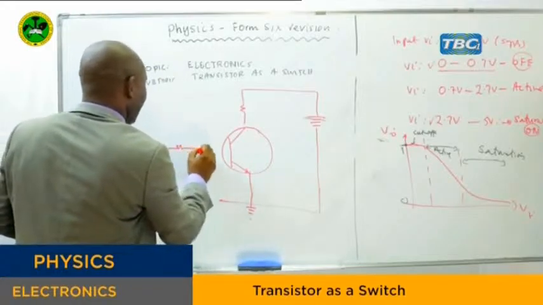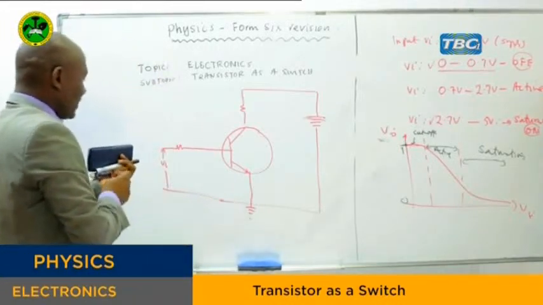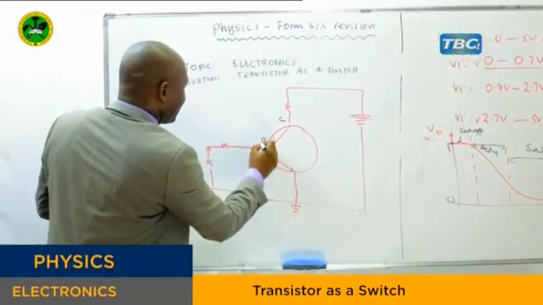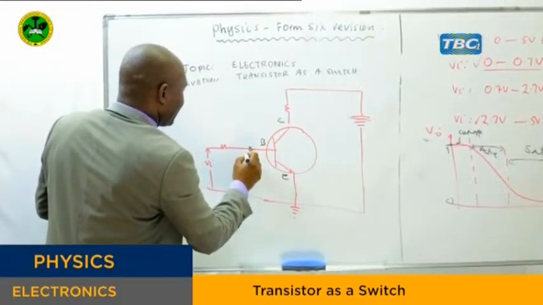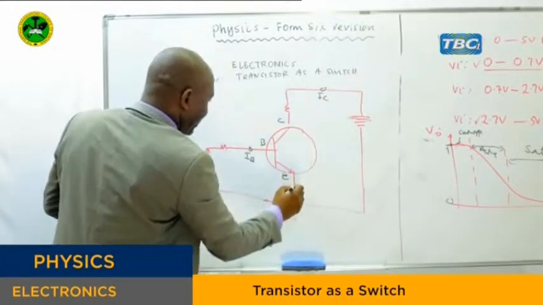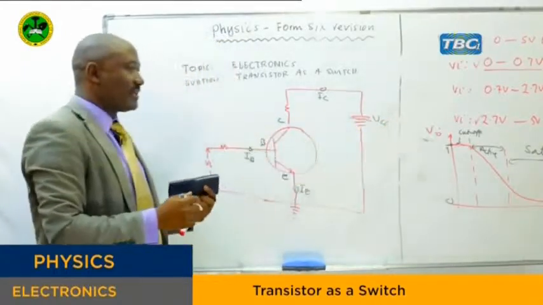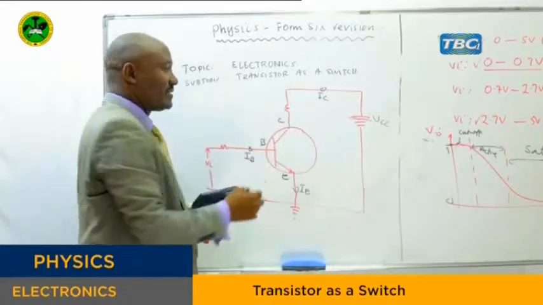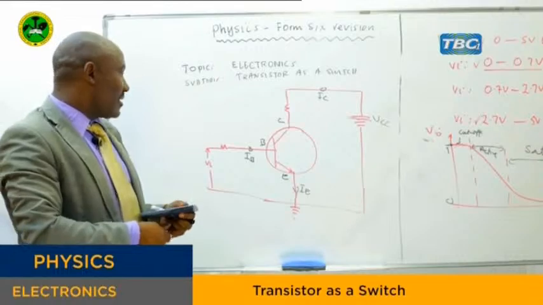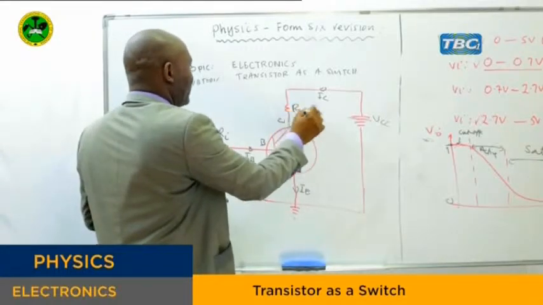This is the input. Very simple. This is the NPN transistor. This is our collector, this is our base, and this is our emitter. This is our base current, this is our collector current IC, which flows there, and this is our emitter current. This is our VCC. So everything is there. That's step number 1. You should know how to draw this diagram, and from there you are supposed to find all the information required, because the input resistance is given and this resistance is given.